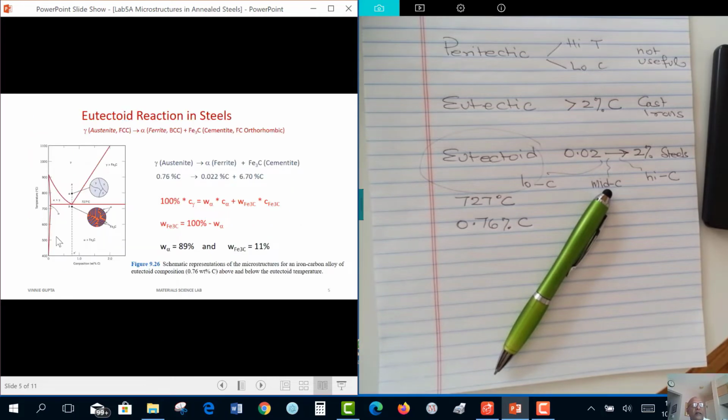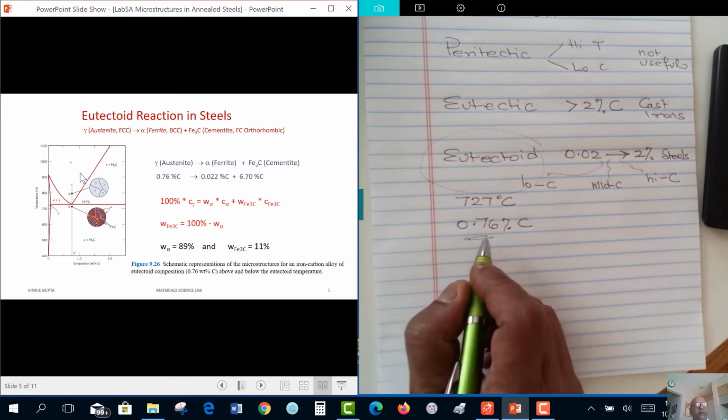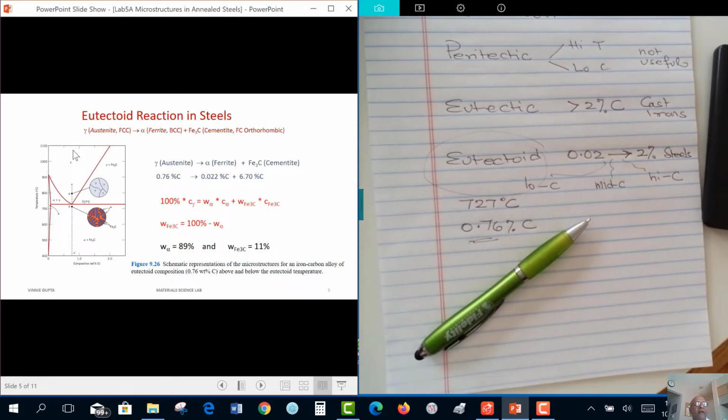So here is the left-hand corner of the iron carbide diagram, the eutectoid reaction. Notice that at high temperature, we have gamma phase. So if we take a steel that has this eutectoid composition, this 0.76%, and we heat it to high temperatures, it will be all one phase, all gamma austenite.